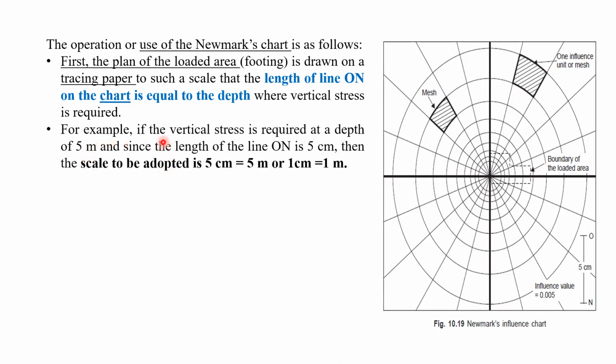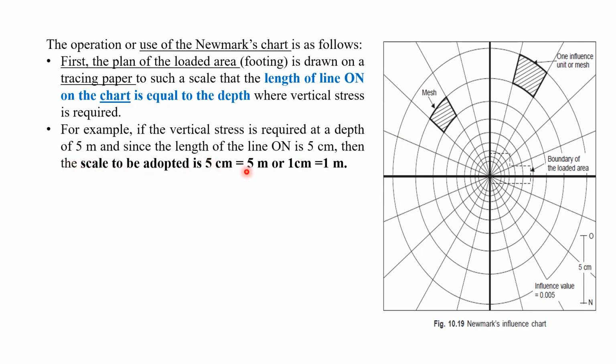For example, if you want to know the vertical stress at 5 meter depth for an irregular shape of footing, and the length of ON is 5 centimeter on this chart, then how can we finalize the scale?